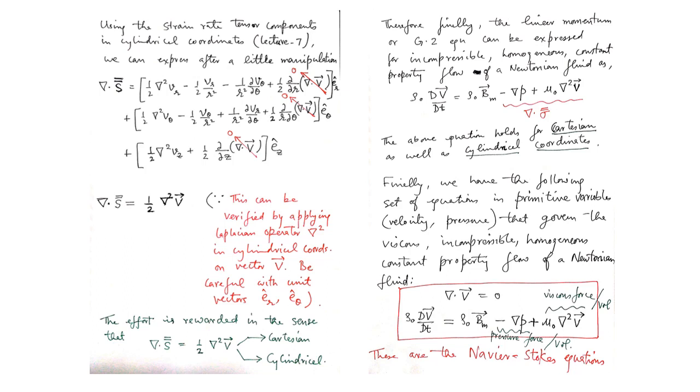So as I've talked earlier also, I've mentioned specifically that this minus grad P, what is it, what does it physically represent?